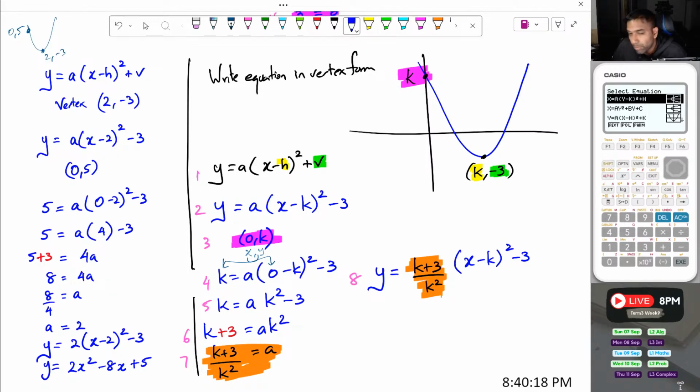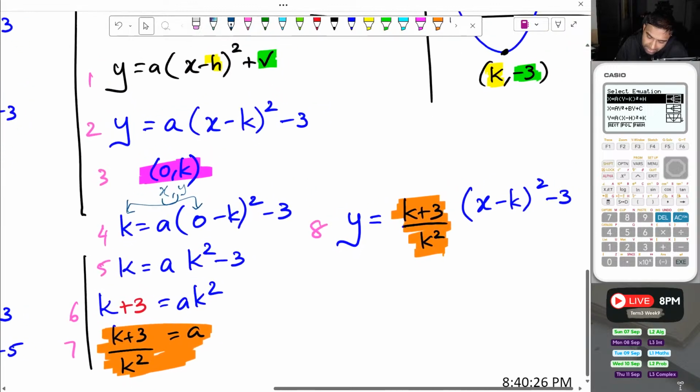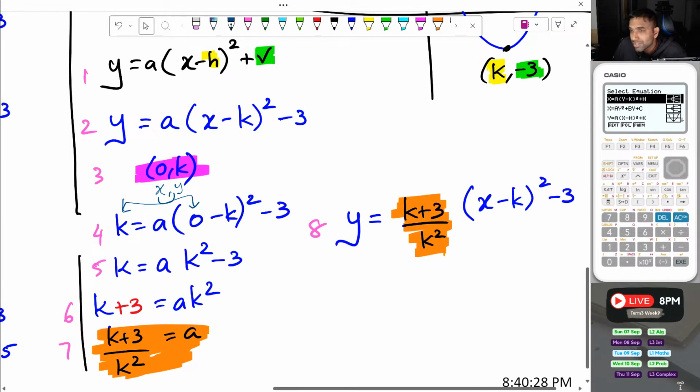So I'm using the point from line 3 to substitute it into the equation. Yeah, sorry. There we go. That's better. Sorry, TikTok people, if you're watching on a small screen, you can't see that. Apologies.